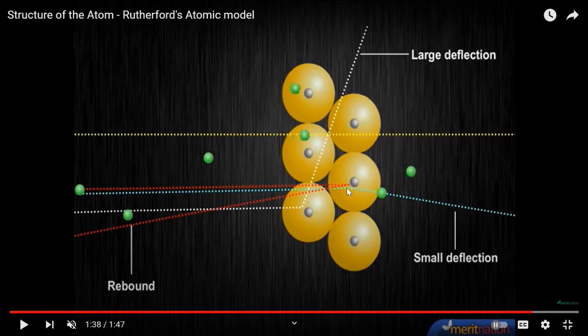So if you look at the blue and white lines here, when the blue one hits close to the nucleus, it will be deflected because positive and positive repel. So it deflects a little bit. And if it hits closer to the nucleus, positive and positive repel, so it gets deflected at a larger angle. And the third thing that they will ask is, how do I prove that most of the mass is in the center nucleus of the atom?